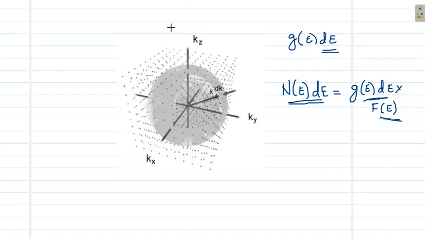So we will use a better method. For that, consider the K space or the N space. We will be considering the N space. N space and K space are similar, just the length is different. So suppose this is the N space, which is nx, ny and nz.